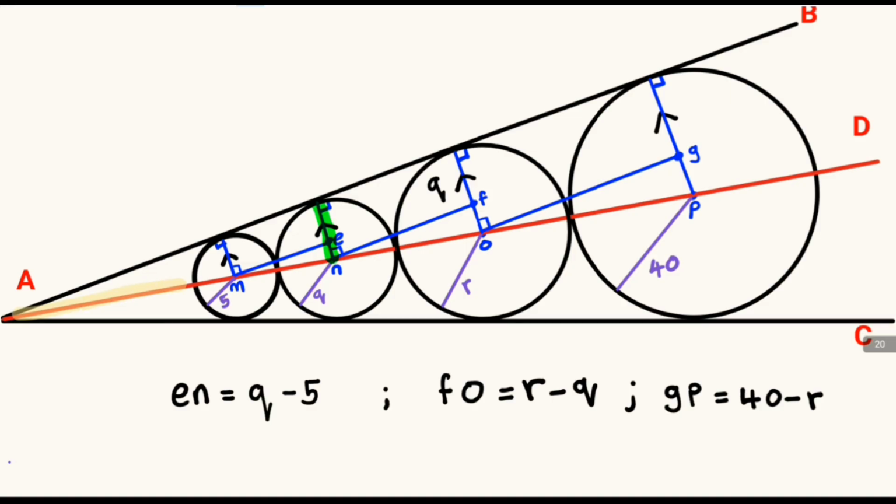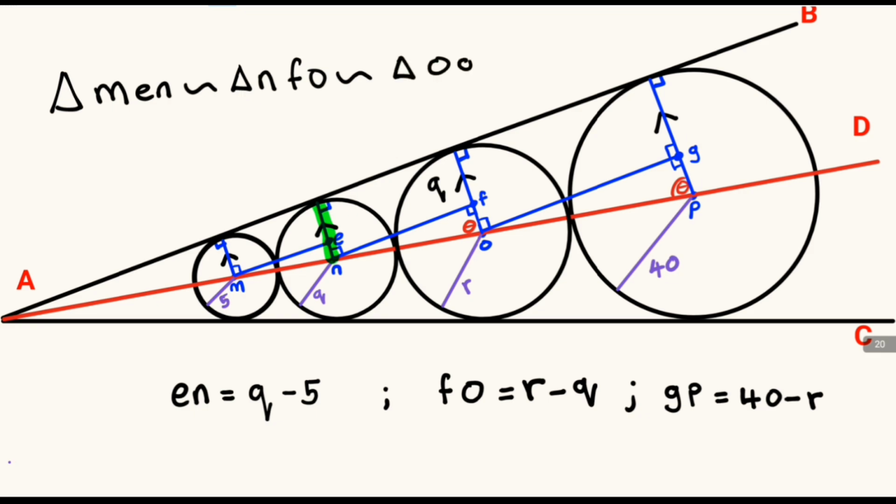And since the line AD is common, if that angle is equal to theta, then that angle will also be equal to theta, including the angle in MEN. So triangle MEN will be similar to triangle NFO, which is similar again to triangle OGP.